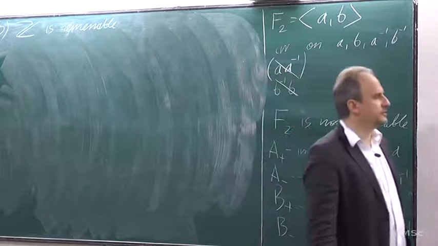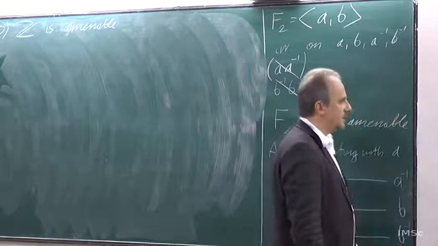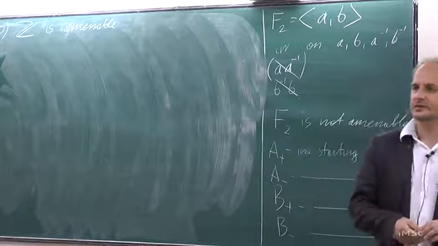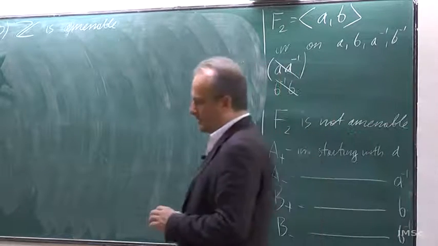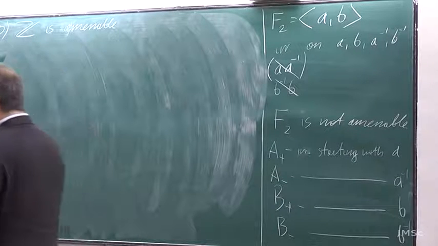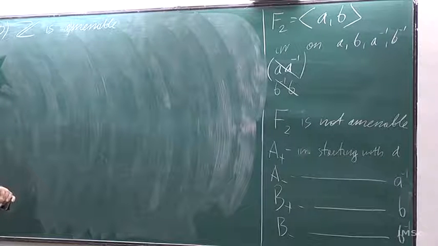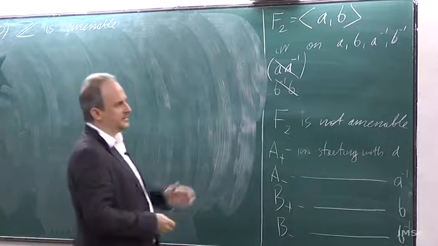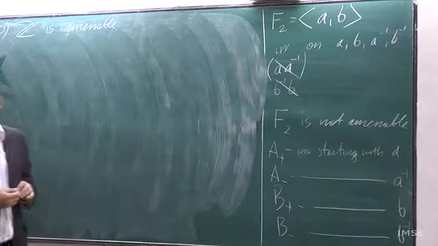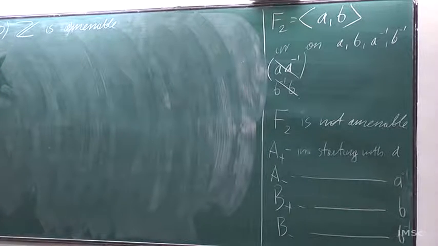The proof will use the Hahn-Banach theorem from functional analysis, and maybe it's the most remarkable application of this theorem, that you can define the density for all subsets of integers. So, as we said, we'll use the Hahn-Banach theorem.